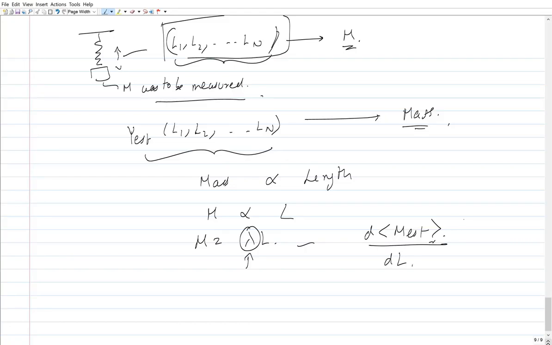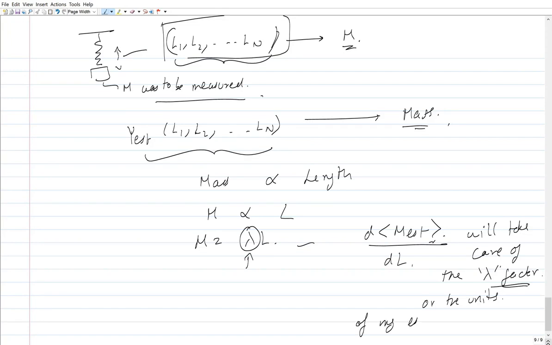This sort of a derivative is going to take care of the lambda factor, or the units of my estimation process.